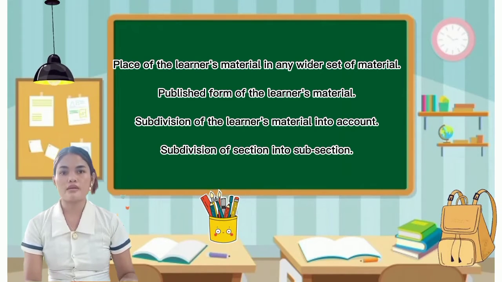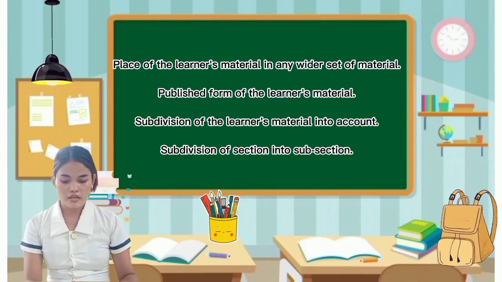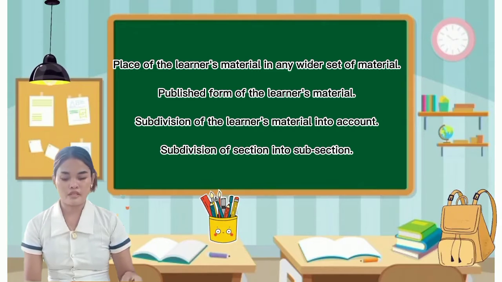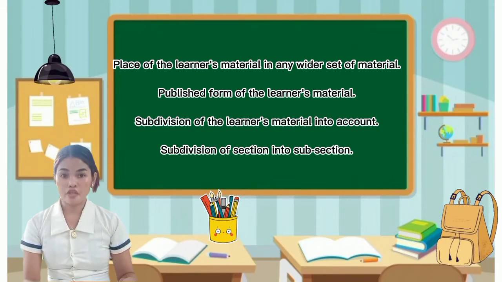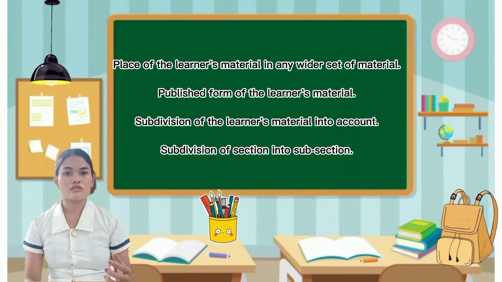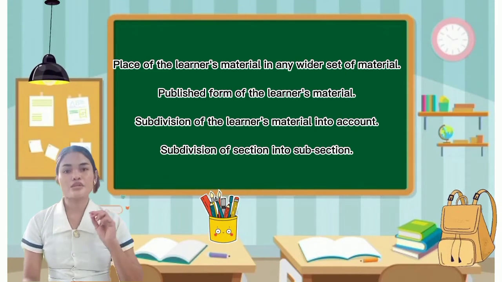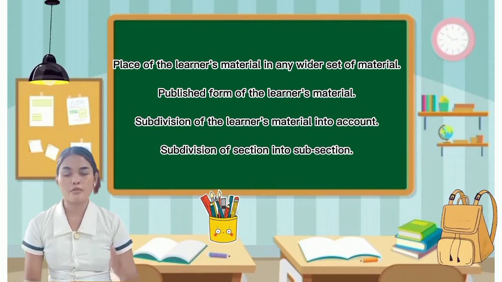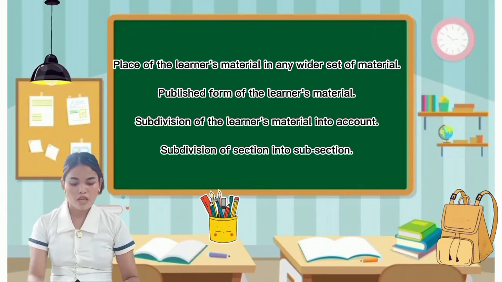So this means the access to the learners' materials provided for teachers and learners. Aside from that, we also have to take into consideration the answer keys and transcripts provided for the teachers only.